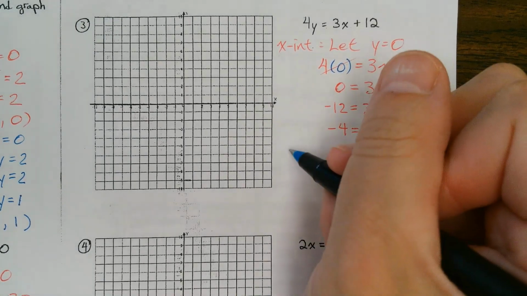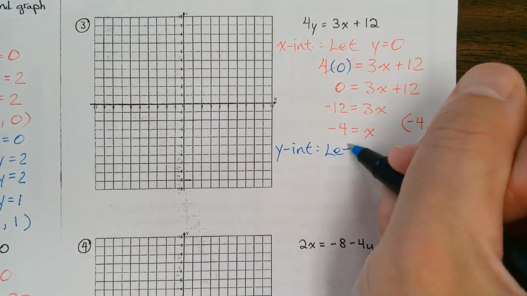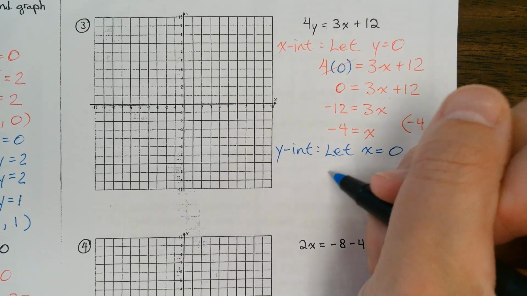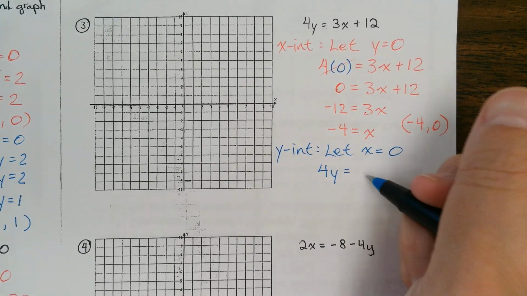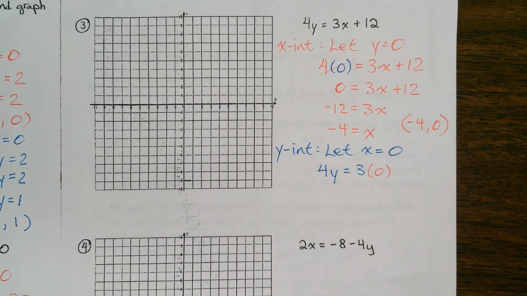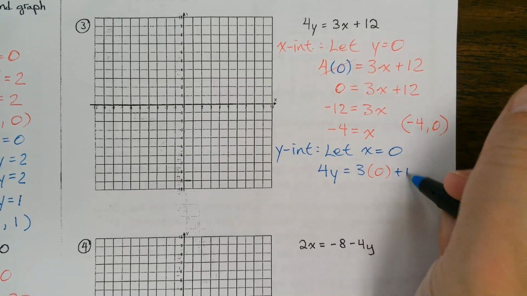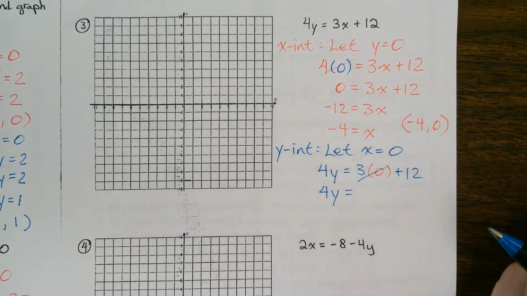Okay. Y-intercept. Y-intercept, let x equal 0. So you have 4y equals 3 times 0 plus 12. So 4y equals, that's gone.